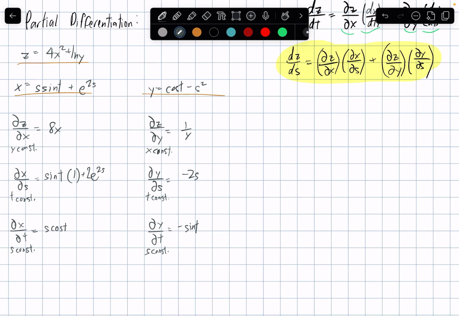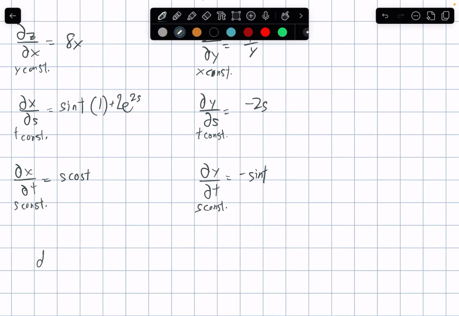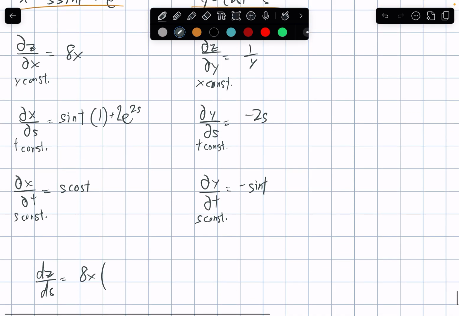So now let's look for dz over ds. So that is partial z over partial x times partial x over partial s, which is sine t plus 2e raised to 2s, plus partial z over partial y times partial y over partial s.